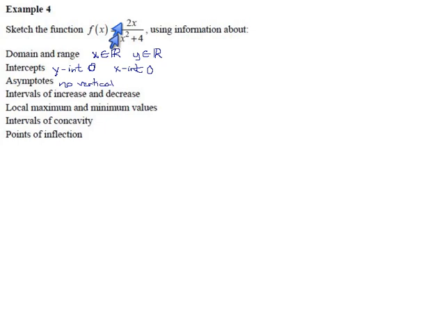How about horizontals? We do get horizontals because the degree of the denominator is bigger than the degree of the numerator. And those horizontals are at, let's see, 2x over x squared plus 4. The highest power is x squared, so divide everything by that. And we get 2 over x, and downstairs 1 plus 4 over x squared.